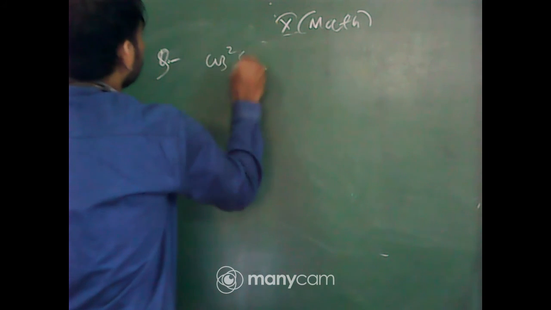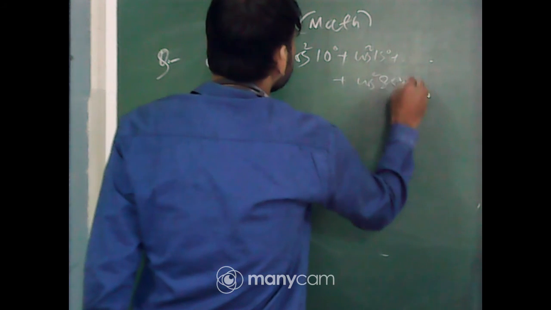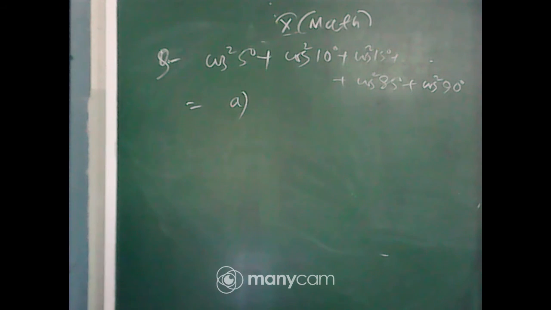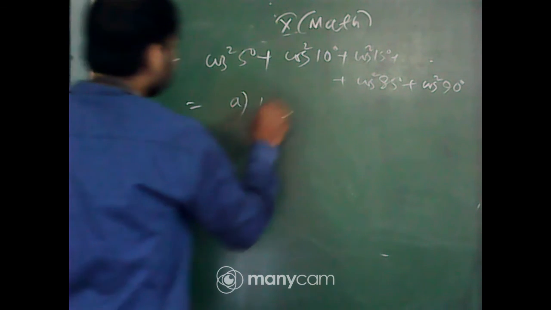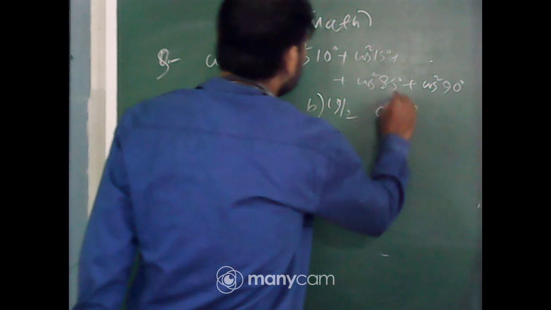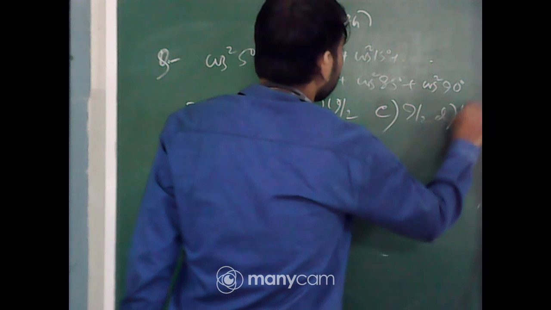Cos square 5 degree plus cos square 10 degree plus cos square 15 degree plus dot dot dot, the last two terms being cos square 85 degree plus cos square 90 degree, equals. The options are option A, 10; option B, 19/2; option C, 9/2; and option D, 17/2.